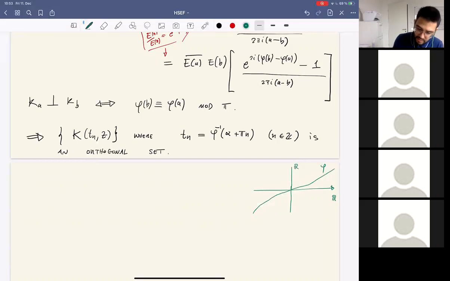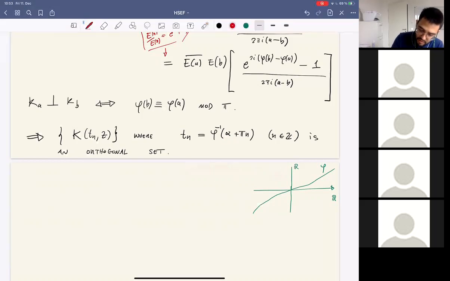But before that, let me just make one more comment. So these nodes T_n, we could select any alpha here, okay? And then I would create the nodes such that phi of T_n is congruent to alpha mod pi.